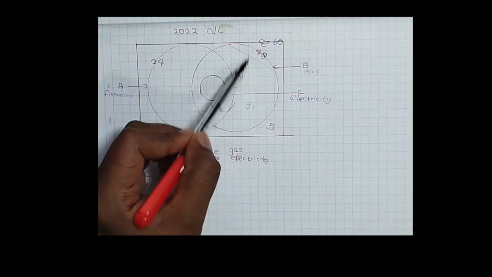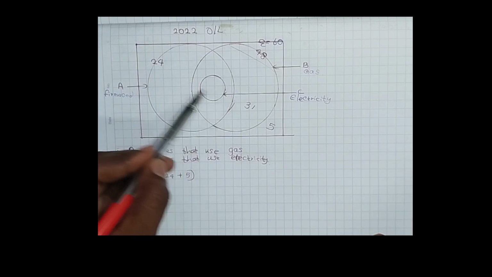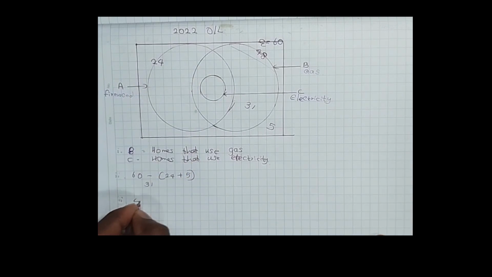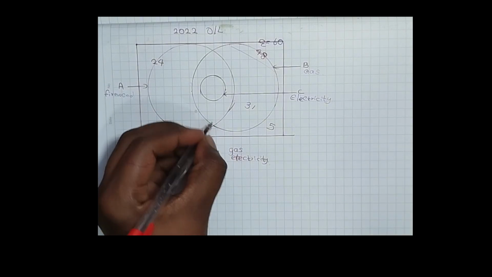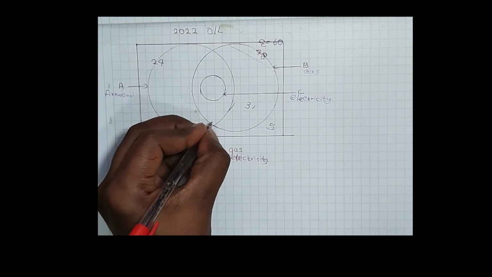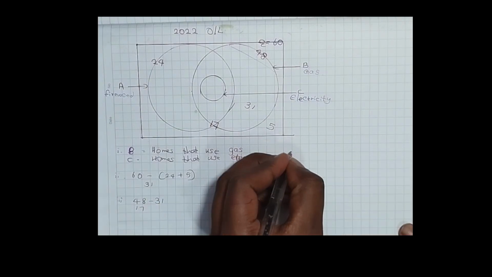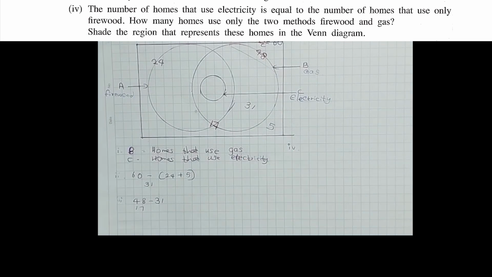So when we subtract 31 from 48, you will get the answer for this one. 48 minus 31, you will get 17. 17 is the intersection of A and B. Okay, let's move to the next question, the last one, the fourth one.